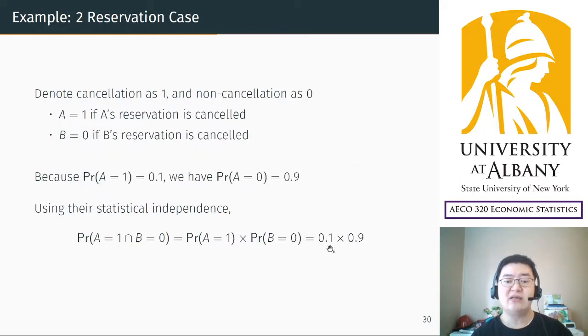It is easy using independence. It was simply 0.1 times 0.9. 0.1 came from the probability of cancellation for A, and 0.9 came from the probability of not canceling the reservation for B. The 2 events are independent, so they are multiplied.